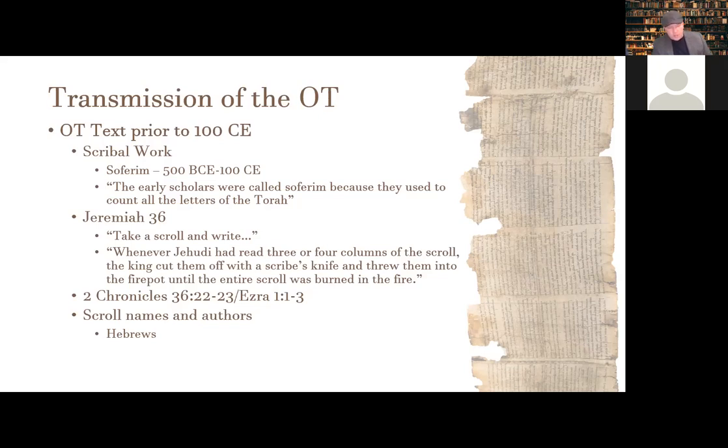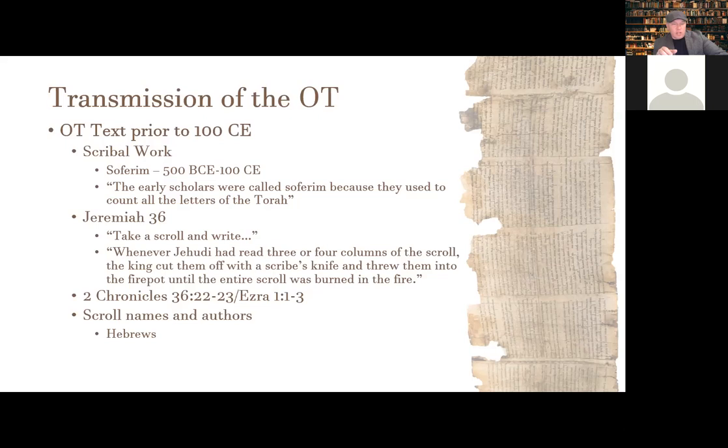One thing the ancient scribes did, we have examples from 2 Chronicles 36 and Ezra 1. The end of 2 Chronicles is the beginning of Ezra. It's repeated, but it gives them a place to reference back to and know where they ended and where they should start. We have this happening in the modern era of printing and transcriptions in Old England, where they would write at the bottom of a page the first few words of the next page.